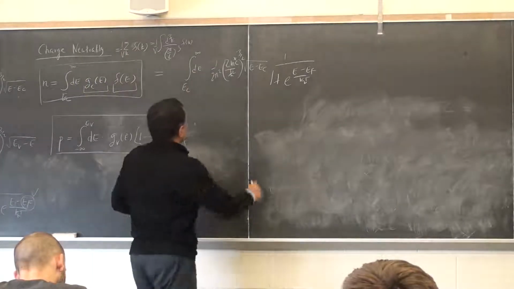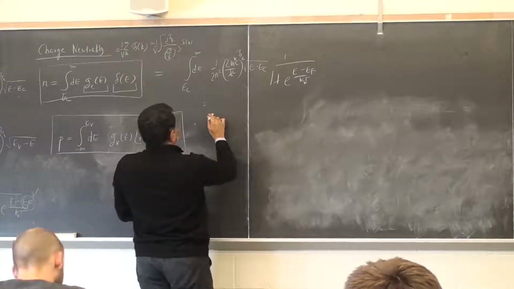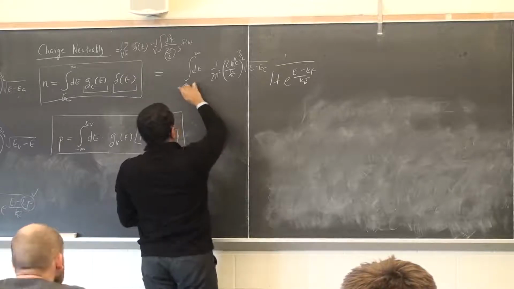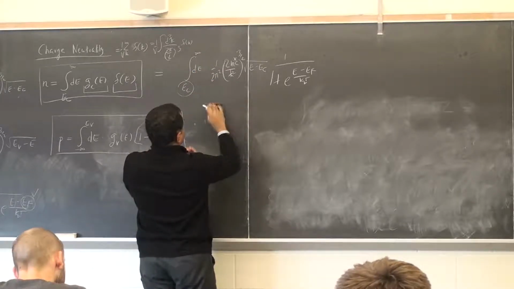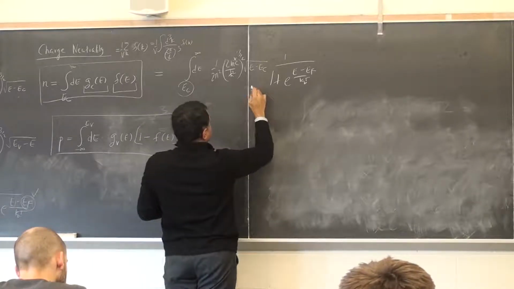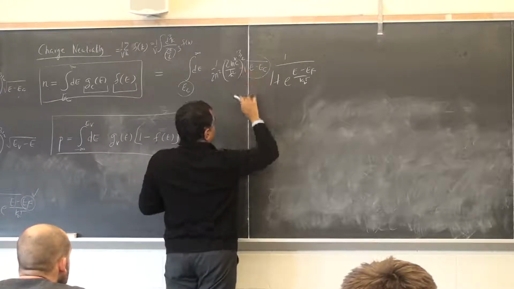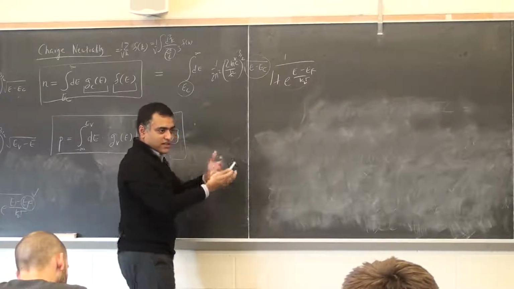But here you can't. What we can do is rearrange this a little bit. You're going from the conduction band edge to infinity, and we can redefine the variable. Essentially, what are we integrating? You get a square root of x and 1 over 1 plus e to the power x. That's the kernel of the integral.